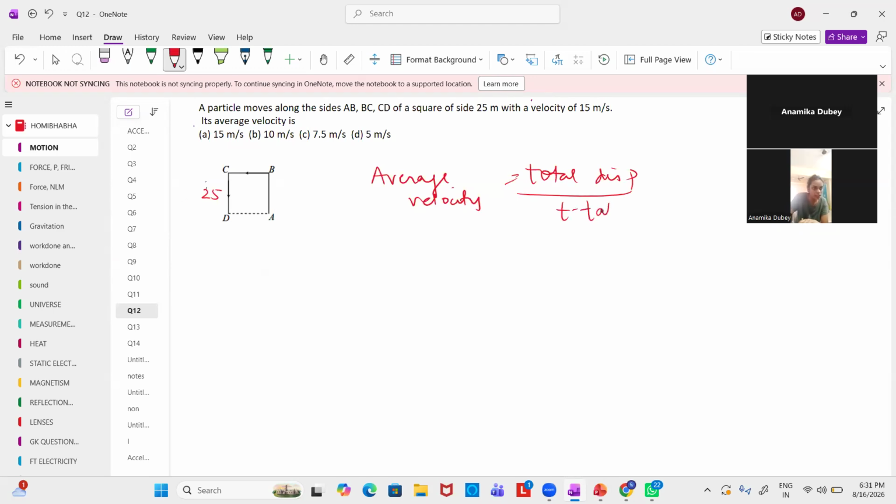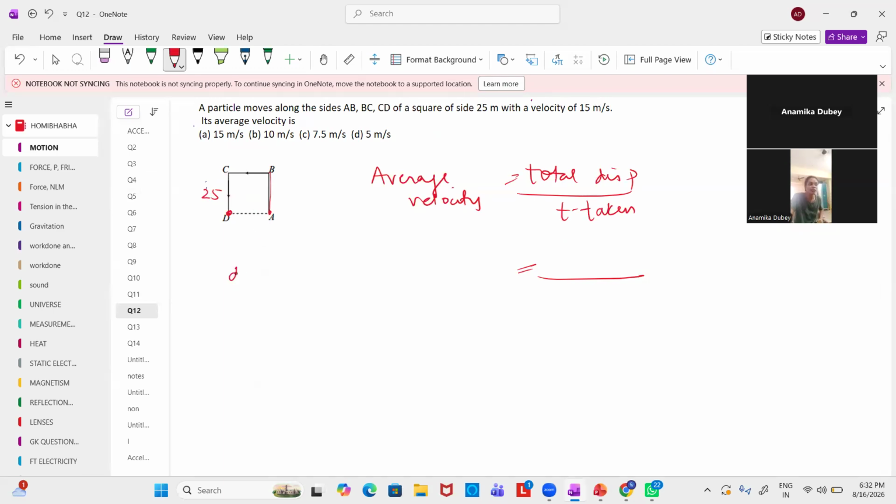So here we have to find total displacement and total time taken. The object starts moving from A to B, B to C, C to D, and it has stopped over here. It has not completed its complete round.